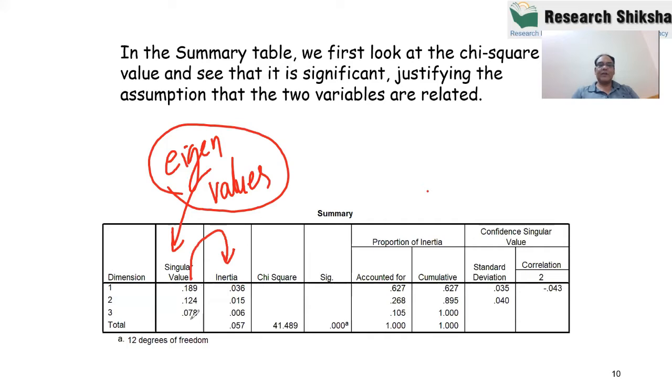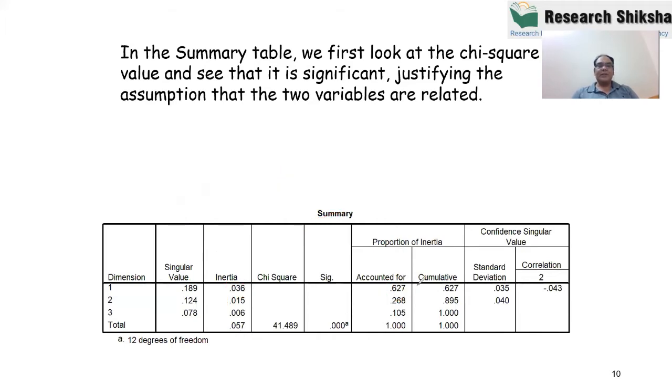So if you square these values, you will get that. And the sum of these values is this total. Now, if we divide 0.036 by 0.057, you will get this value 62.7. So it means the first dimension, meaning the x-axis, explains 62% of the variance of the data. So this value should be as high as possible.